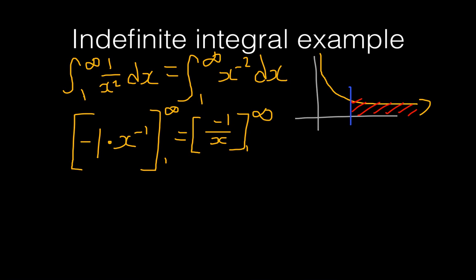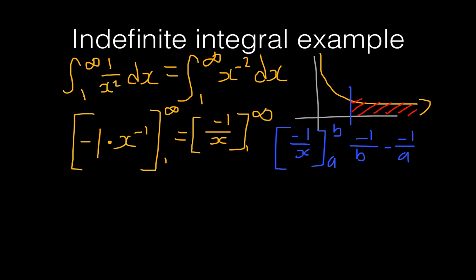So now comes the hard part. How do we write this? Normally, if this was negative 1 over x from a to b, it would simply be negative 1 over b minus negative 1 over a. However, how can we do this with infinity?